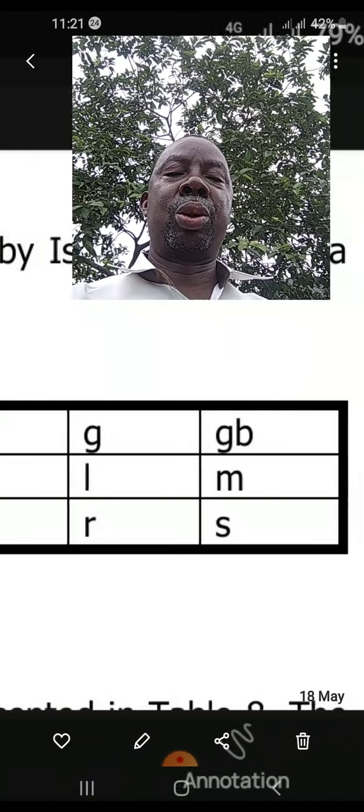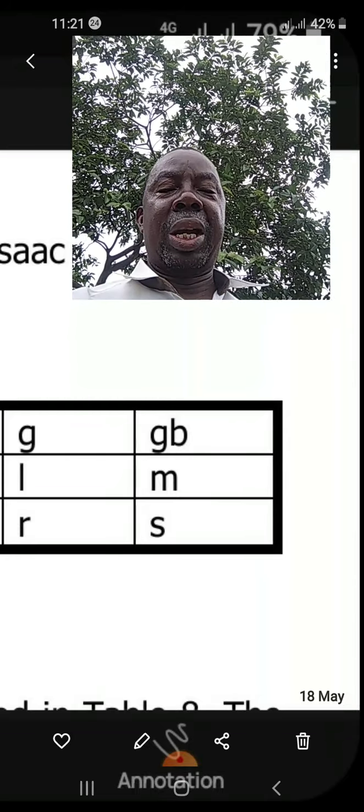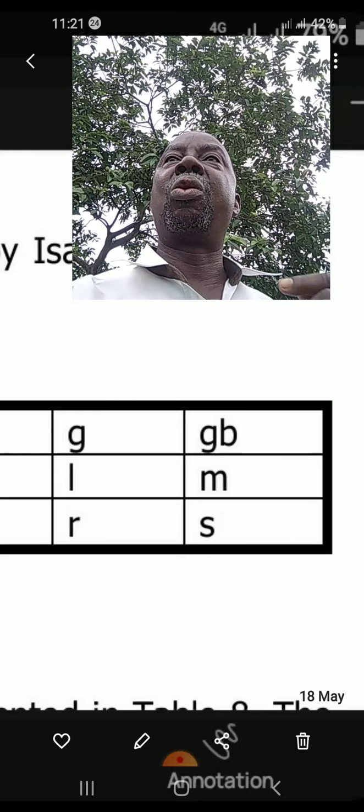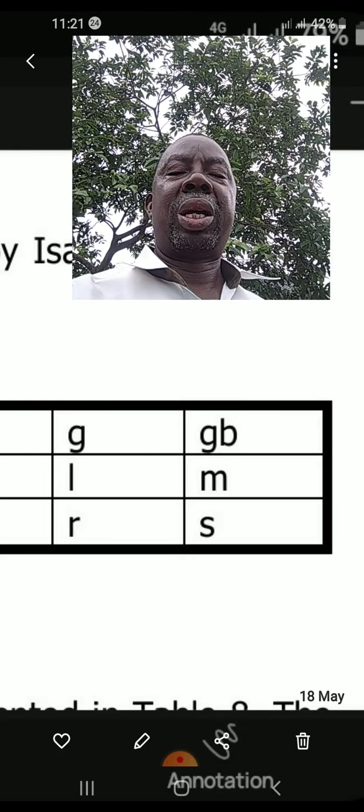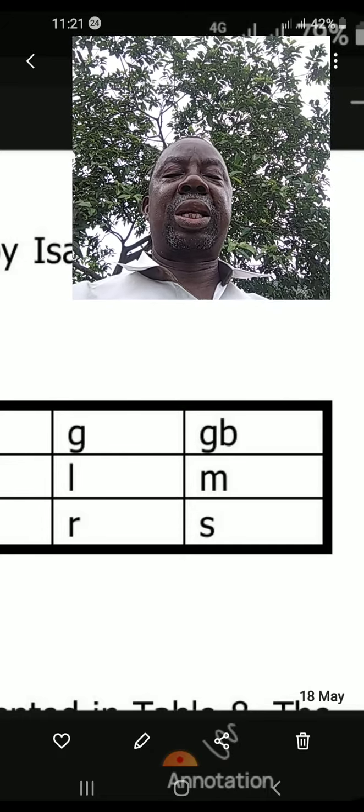Now let us come to the digraph. When you talk of digraphs, these digraphs are not the ideal ones. A digraph is ideal when the first letter, which is G, as you can see here, is not found at any other point in that alphabet.